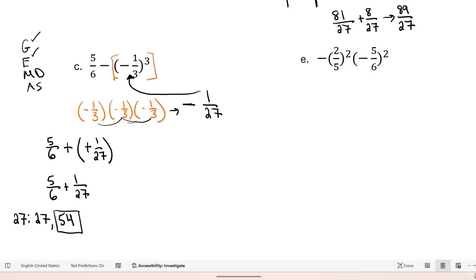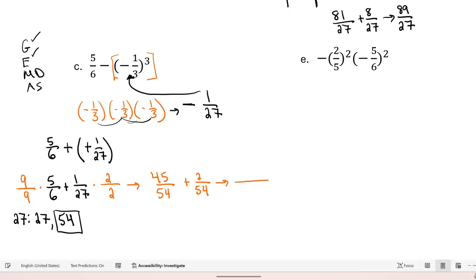So I'm going to go here, and I know that 6 times 9 gives me 54, so I need to do that on the top. I know that 27 times 2 is 54, and I need to do that on the top. So now I'll draw my arrow, and I get 45 over 54, no reducing until the very end, plus 2 over 54.